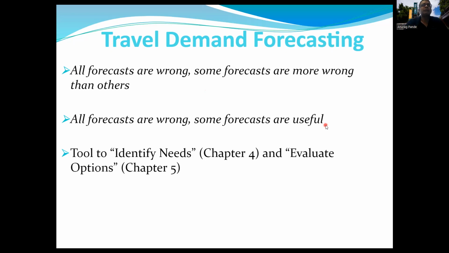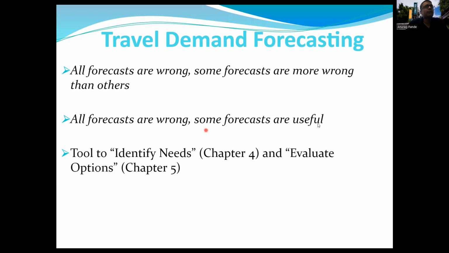For example, if I say that if we open up a bus service from San Luis Obispo to Santa Barbara, anywhere between 100 to 90,000 people are going to use it over a week, my forecast is probably going to be accurate because the number of riders on that bus service is going to be within that range. But is that forecast actually useful? It's not a useful forecast because I have such a big range.